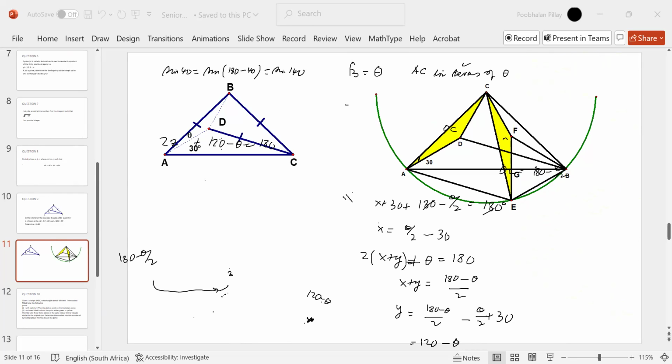Angles of a triangle, but this is an isosceles triangle. So 2Z is equal to 60 plus theta. Bring it to that side. So therefore, Z is equal to 30 plus theta over 2. So this angle here is 30 plus theta over 2.